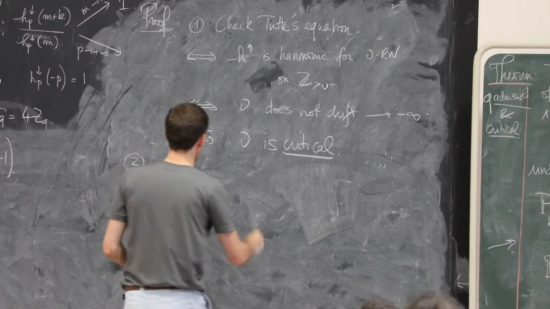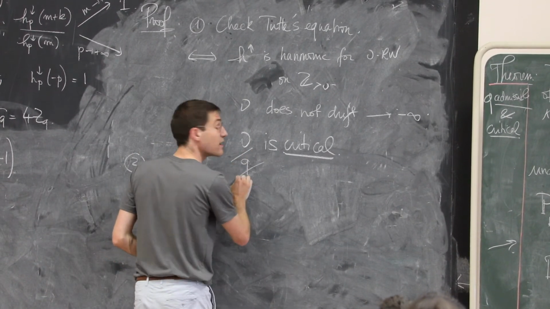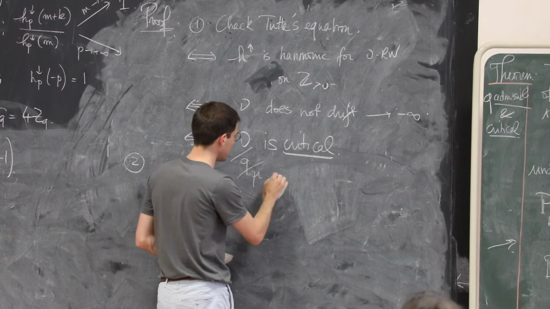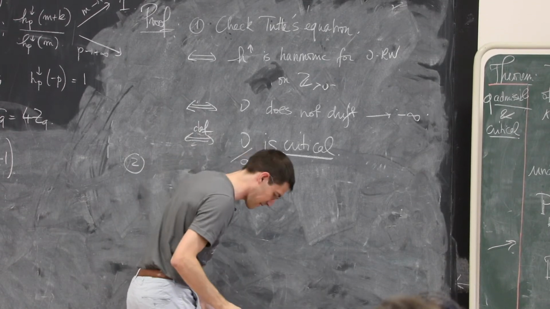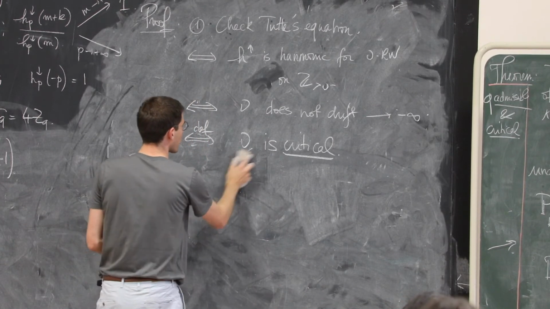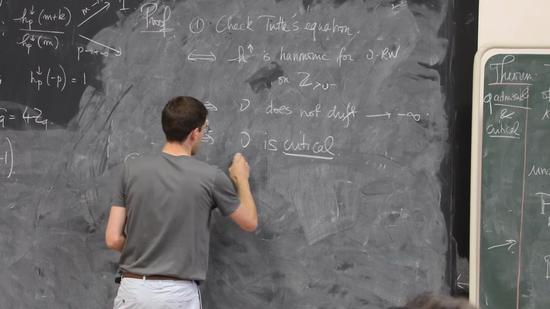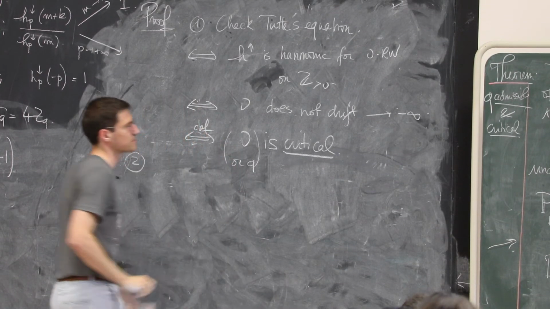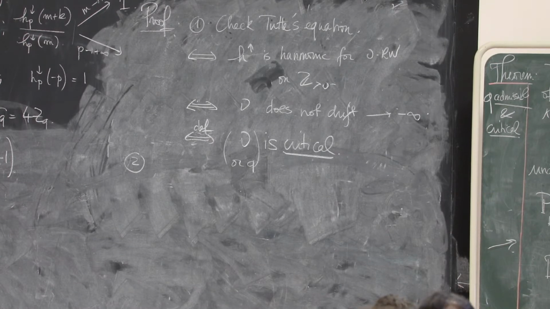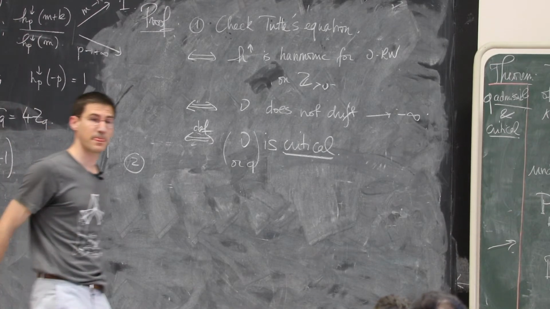Okay, mu, Q, and the other mu that we had in lecture 2, sorry, yes, by extension. It's not mu over Q. It's mu or Q are critical. Thanks. So Tutte's equation is checked.